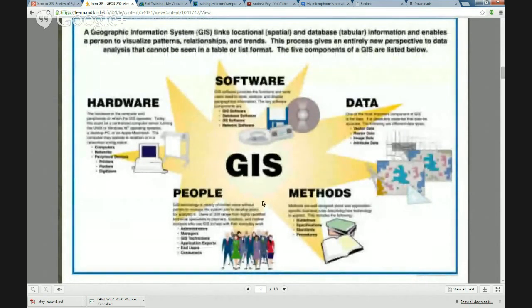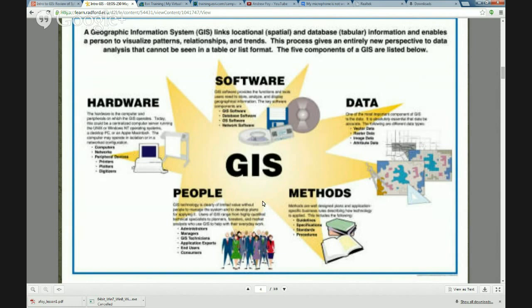When we talk about the different components of a GIS, historically it has been broken down into 5 different sections. However, as the software has evolved, some people have kind of merged GIS into 4 categories, but I still like the traditional definition.